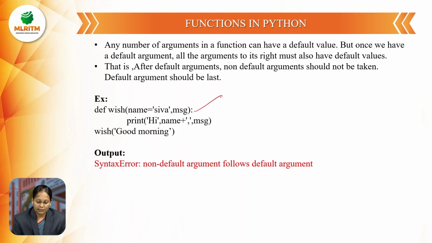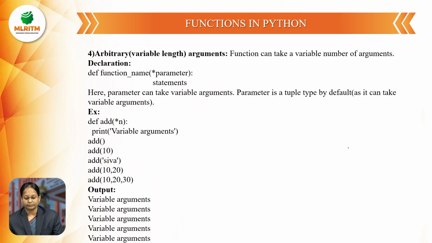For example, name equals Shiva and message. wish, good morning. Here name equals Shiva is a default argument. Error: non-default argument follows default argument. Message is a non-default argument. That's why it will give an error.